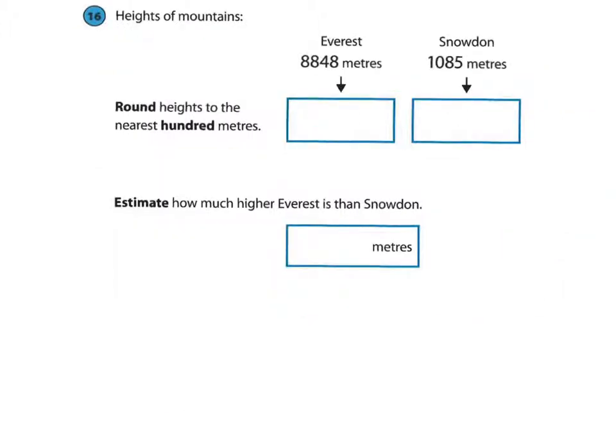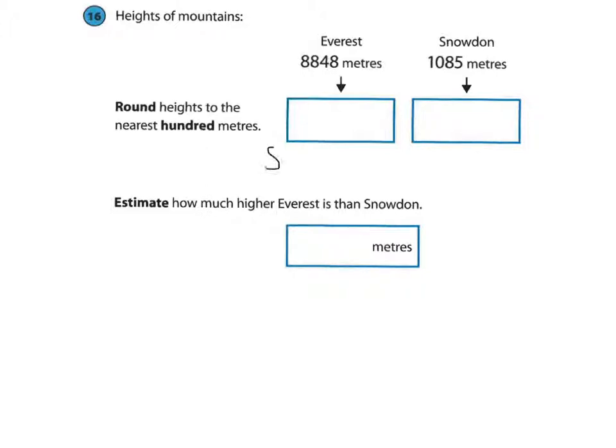Question 16. Heights of mountains. Everest, 8,848 metres. Snowdon, 1,085 metres. Round heights to the nearest 100 metres. So we're going to round 8,848 to the nearest 100. The first thing we've got to do is work out which hundreds it lies between.